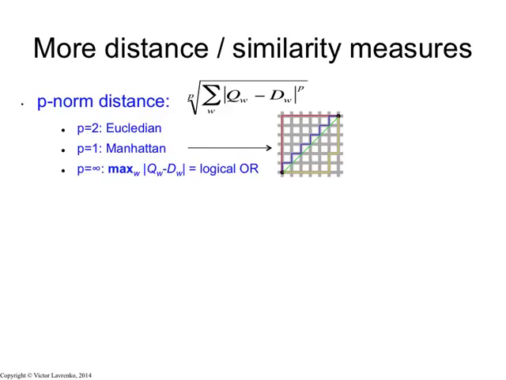Imagine you have a parabola. Let's say the individual distances, qw minus dw, are in the range between 0 and 1, just for no good reason. So the distances would be here, here, here, here. If I raise the distance to the power of 1, that's what I get, so the relationship is linear. If I raise it to the power of 2, I get that.